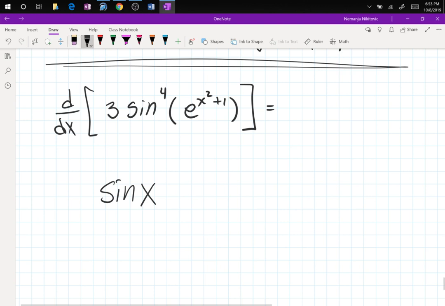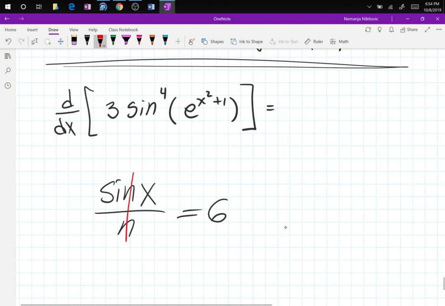Have you ever seen this identity? Does not look familiar. Can anyone figure it out? Nice, very good.